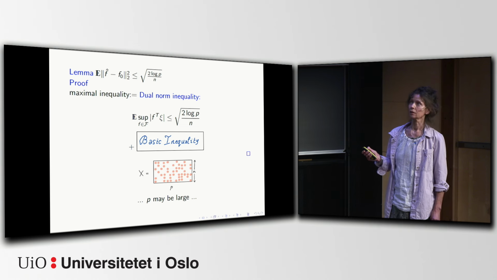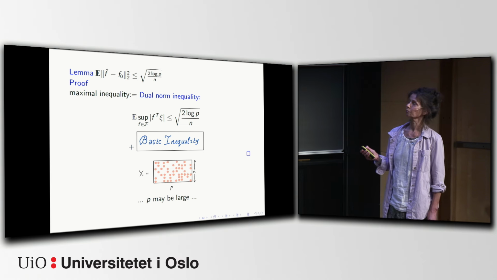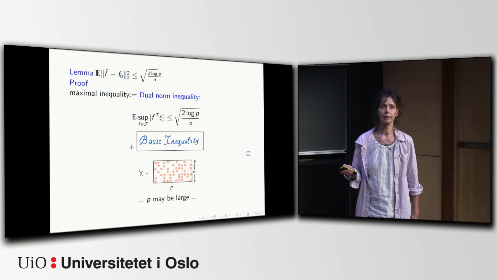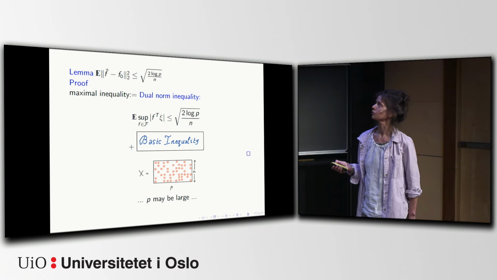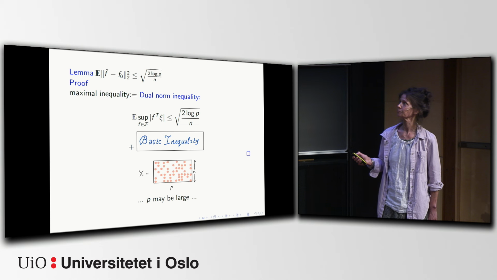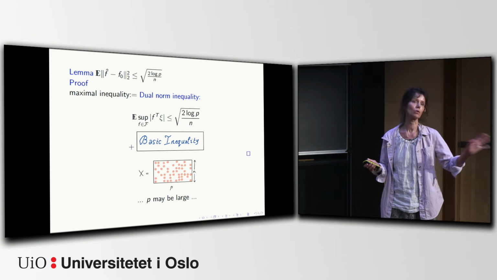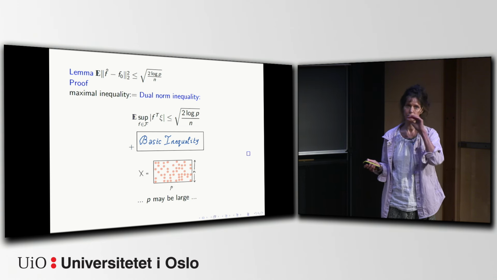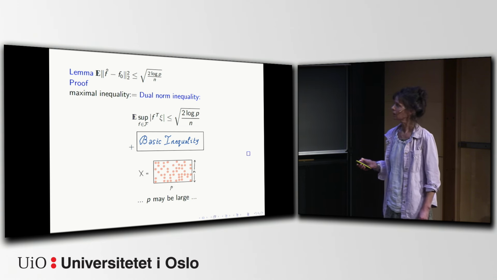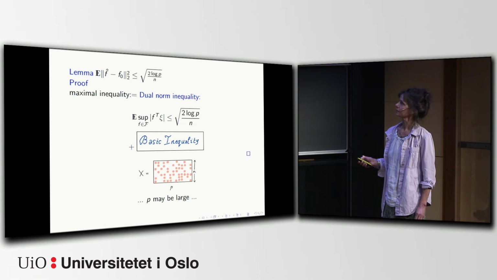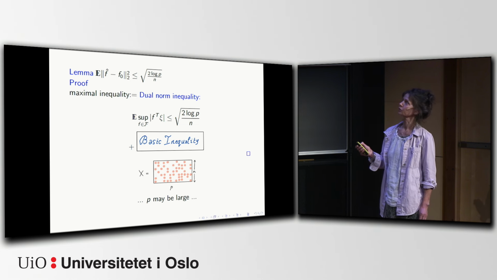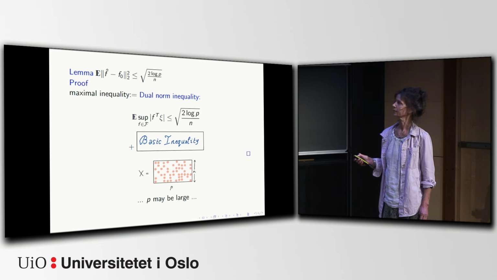And that's again, well, you can use the generic chaining bound here, but you can also just use this dual norm inequality and the basic inequality, and then you get this. I'm not giving all the details, it's just very simple. So if you look at this, the number of variables occurs logarithmically.